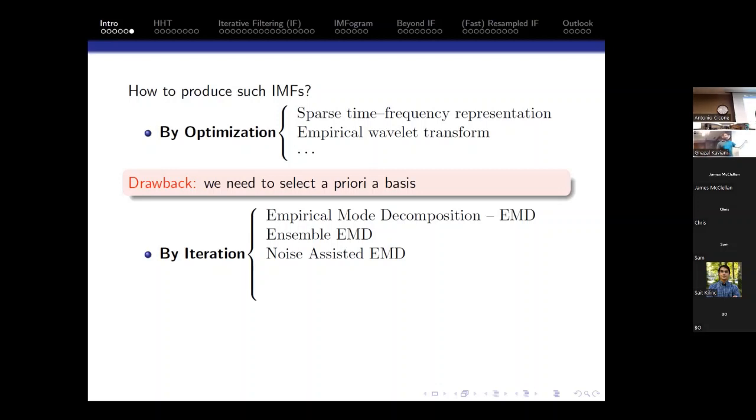The other alternative iterative method is what is called iterative filtering, which is the technique developed here at Georgia Tech, at the School of Mathematics. And that's where I started working in this field, because I met the researcher that developed the method, and I helped him further develop it, analyze it mathematically and accelerate it.